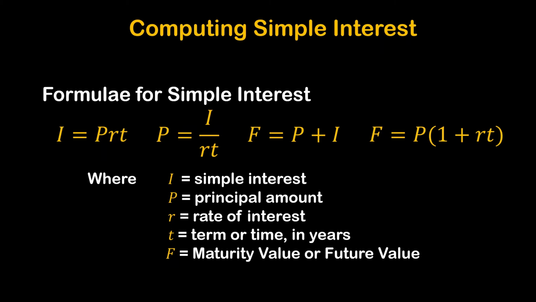This is the commonly used formula to compute for the future value or even the present value. But in this lesson, we are not going to focus on how to compute the present value or the future value, but rather we are going to focus on the computation for the simple interest or the interest. The others will be discussed in the next video.